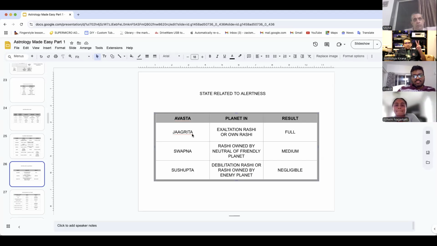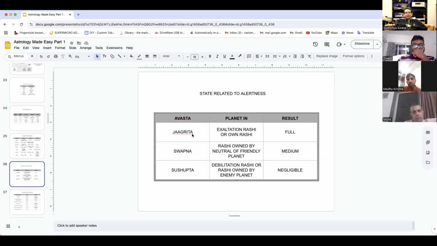Are you able to understand the difference now? It is very difficult to rest when you are active, and very difficult to be active when you are resting. That's what the avasthas make you do. That's why Parashara Maharshi has given this as an example: Jagrata, Swapna and Sushupta. Sushupti will give you the power to be active actually, but you cannot use it exactly like that here.